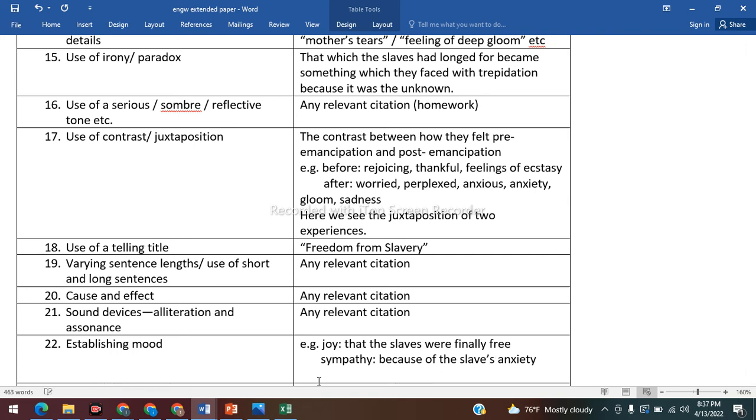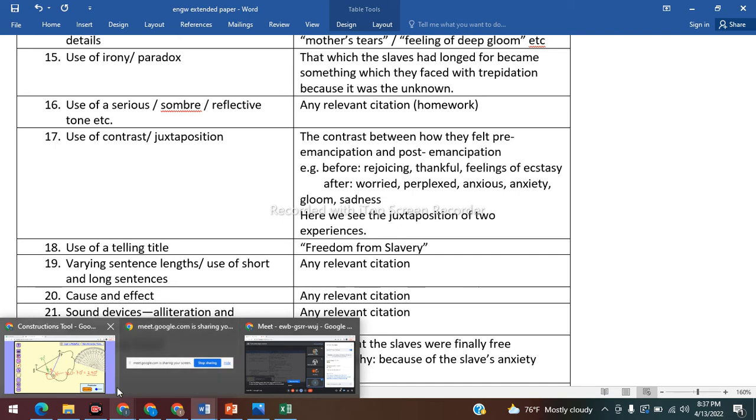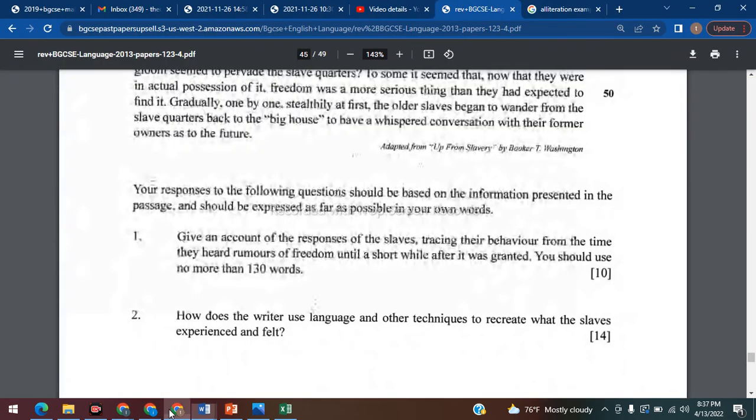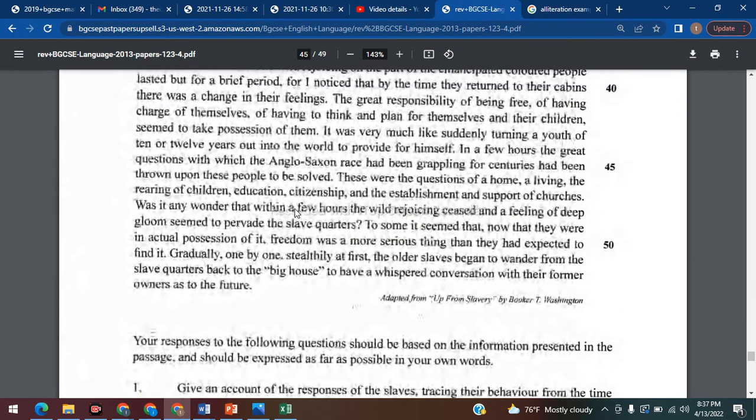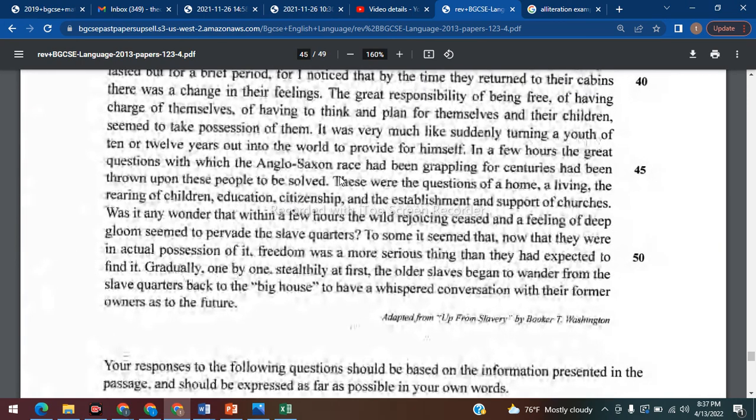And the author deliberately does that. He tries to make you feel that way, because look what he says: the questions of a home, a living, rearing of children, education, citizenship, establishment of service. That right there makes you think, oh, poor slaves. They have to grapple with all these things, right?